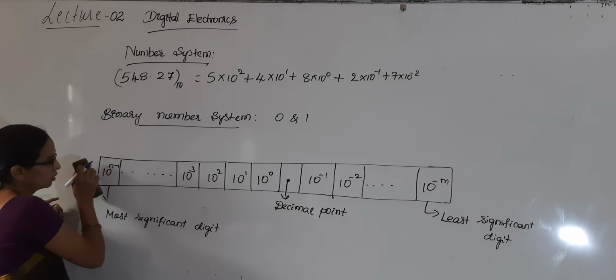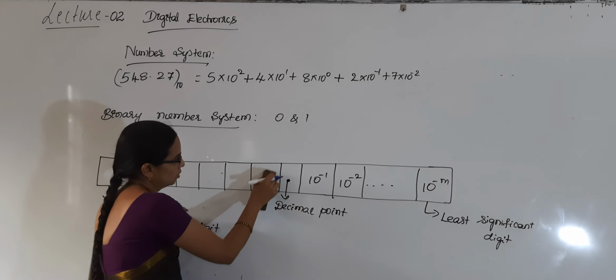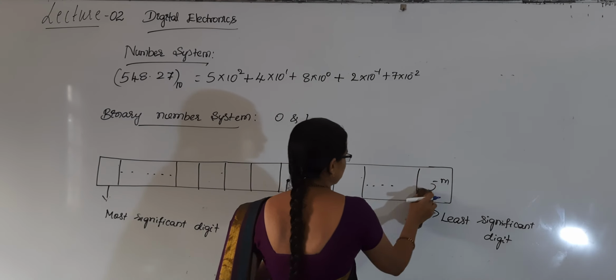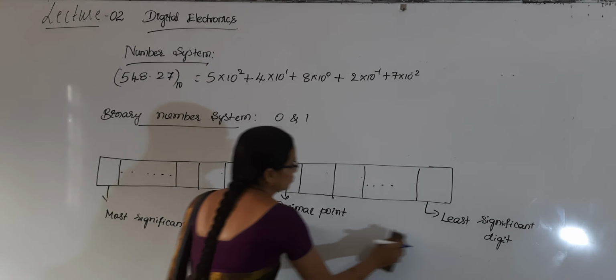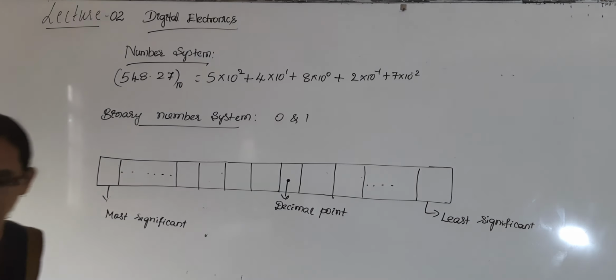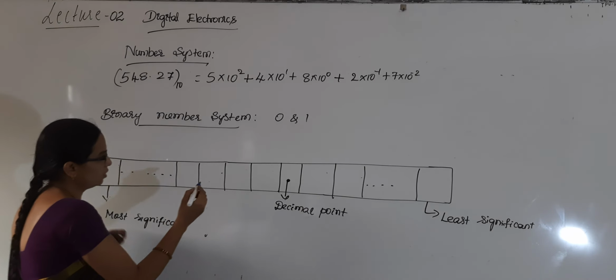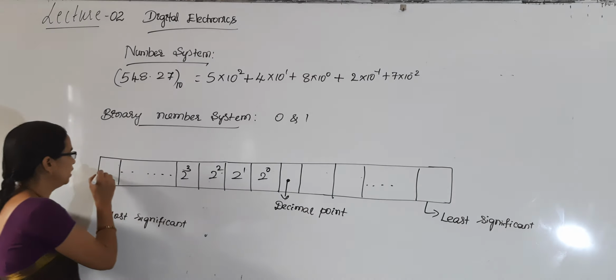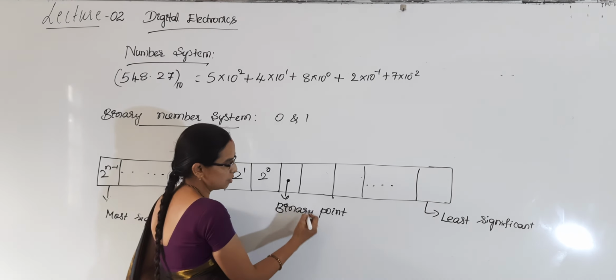So here the positional values of binary number system are 2 power 0, 2 power 1, 2 power 2, 2 power 3, etc., 2 power n minus 1, and here it is a binary point. In case of binary number system, it's a binary point.